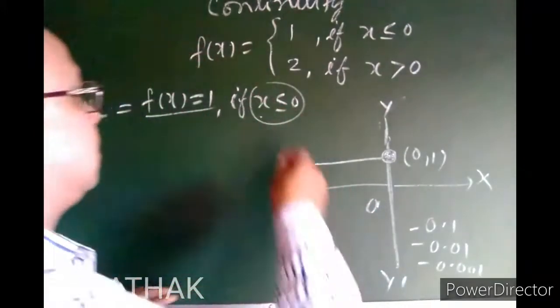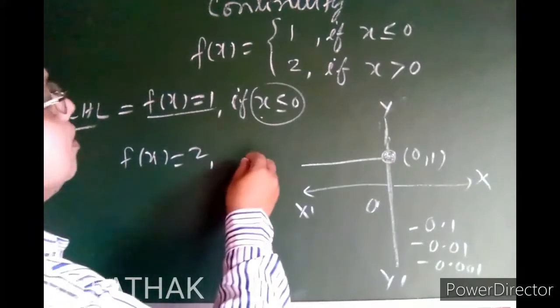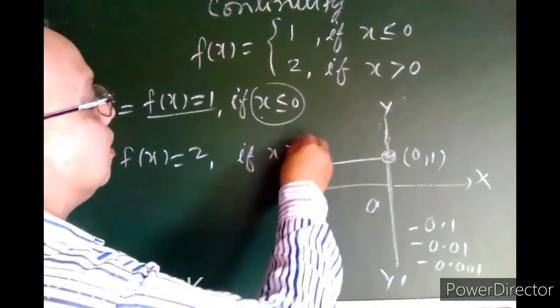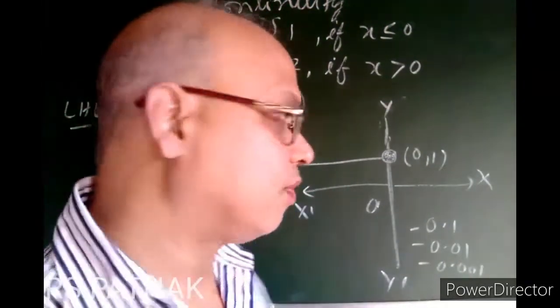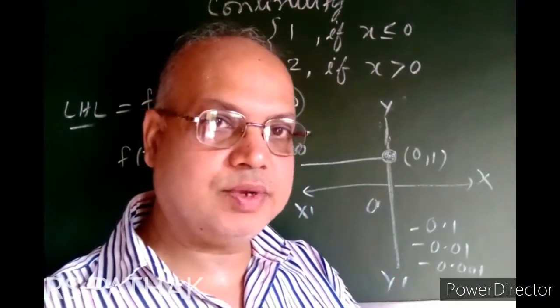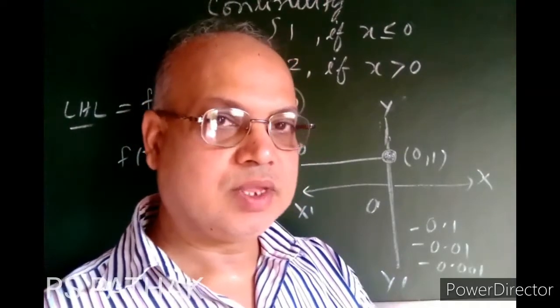In the second case, f(x) is 2 if x is greater than 0. Greater than 0 means it will move to the right side, the positive side, starting from values greater than 0, not equal to 0.